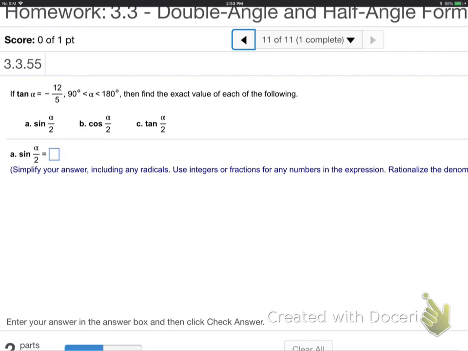Got to choose a quadrant, draw a triangle. Draw the triangles like you guys are used to. So go ahead and start with that. Draw the triangle, put it in whatever quadrant it belongs in, and do the SOHCAHTOA and the Pythagorean Theorem and all that.